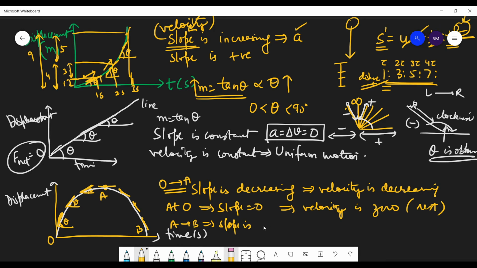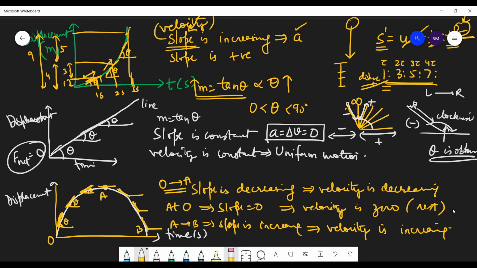Very good. Velocity is increasing. You can see that this is lesser slope and this is more slope, so slope is increasing. So velocity is increasing. Yes or no? Yes, sir. So velocity is decreasing first, then the velocity is 0, and then the velocity is increasing.